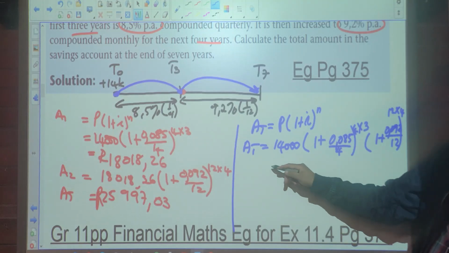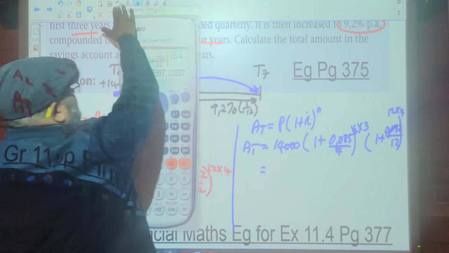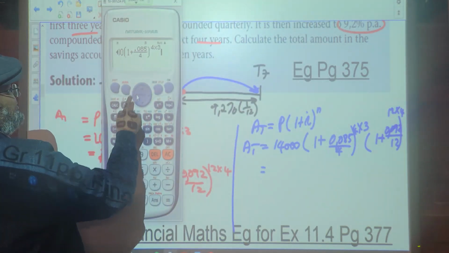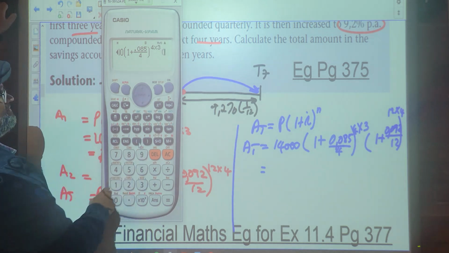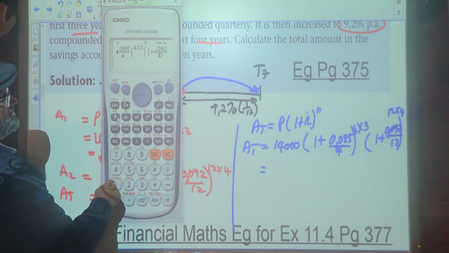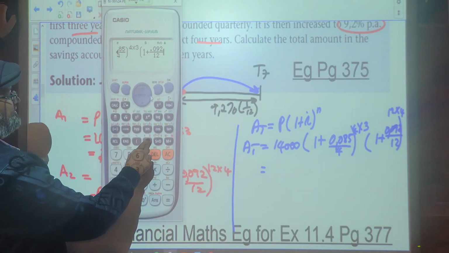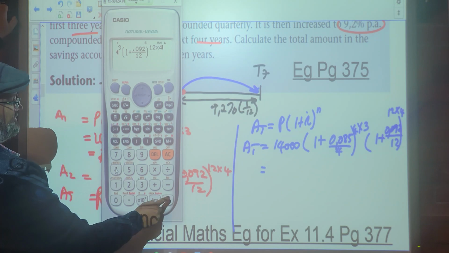Okay. So let's do that calculation. That is 14,000 into 1 plus 0,085 over 4, the exponent 4 times 3, multiplied by 1 plus 0,092 over 12 to the exponent 12 times 4.